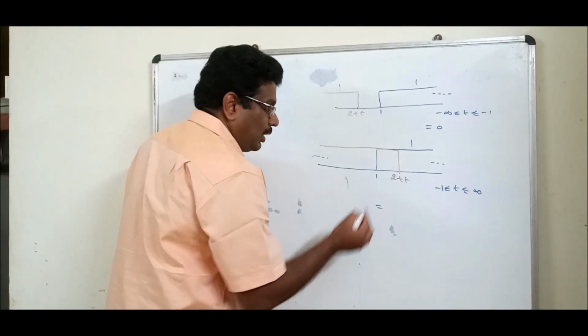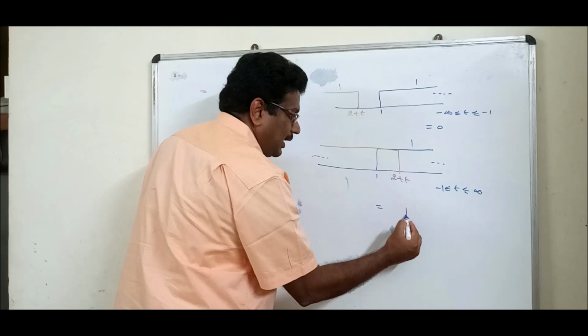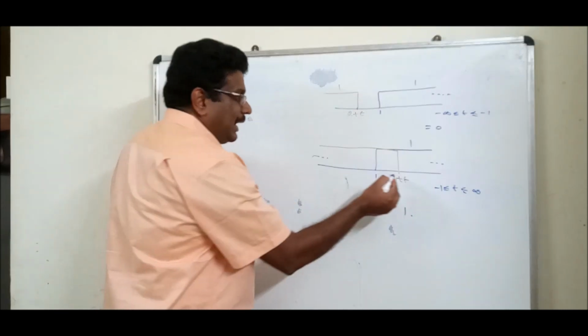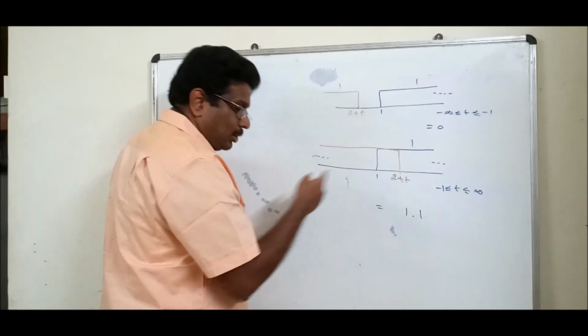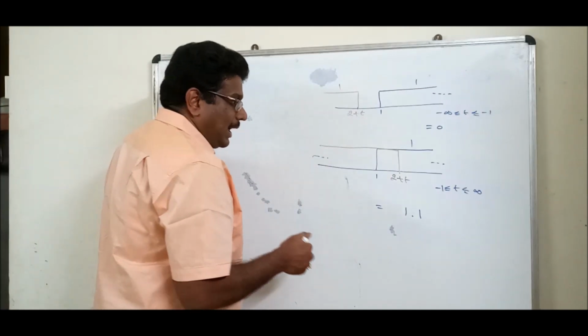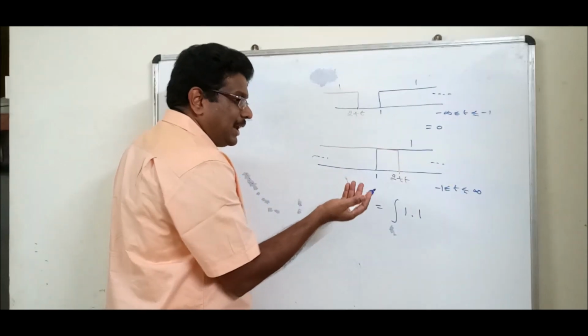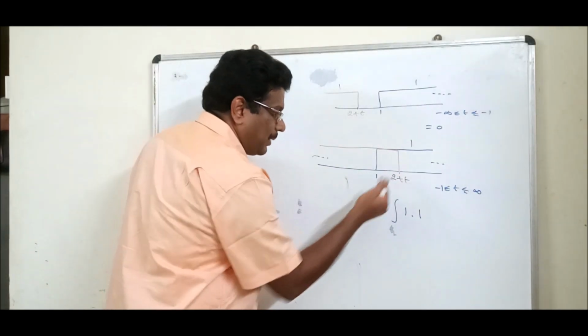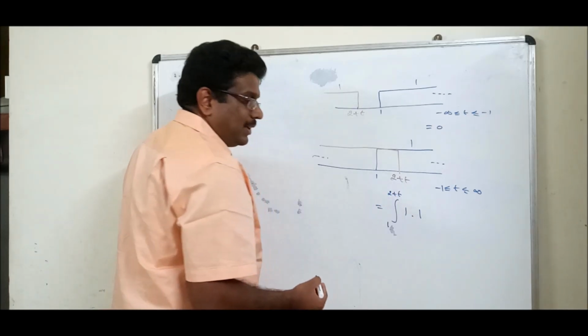So what should I do? I should multiply these two signals, where the x signal amplitude is 1 and the h signal amplitude is 1, multiply both, and then I should add the result. Where is the common area? There only you will multiply. From 1 to 2 plus t, I have the common area.